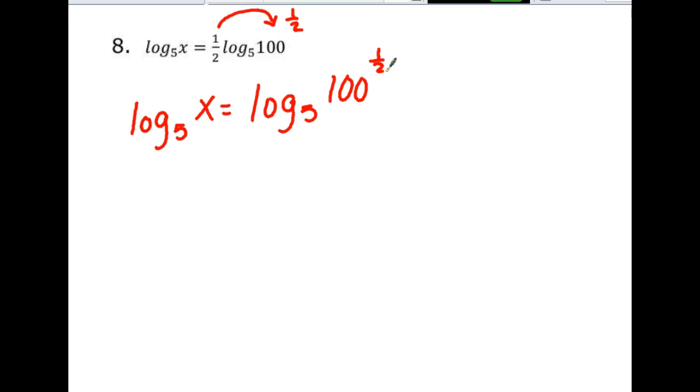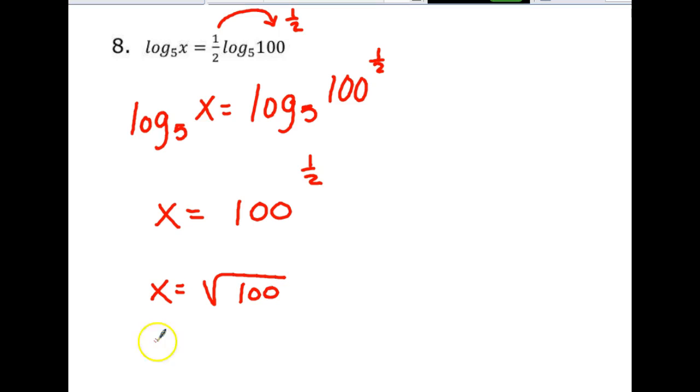Don't have to worry about log 5, it's the same. And so is this what we need to solve? What is 100 to the 1/2 power? It is not 50. It is the same as a square root. A 1/2 power is the same as a square root, and so the answer is.